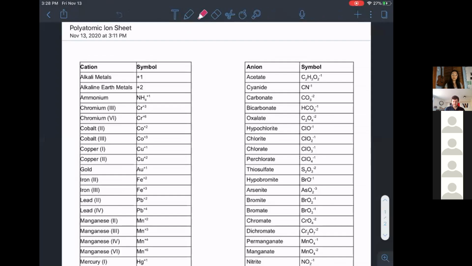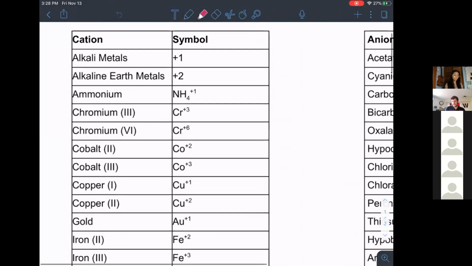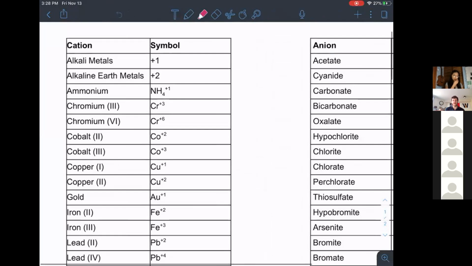If you look, the alkali metals are always going to have a +1 charge because they're only ever willing to lose one valence electron. The alkaline earth metals, that second column, are only ever willing to lose 2 valence electrons. They never want more or less taken from them. Ammonium is a special circumstance where it's a couple of nonmetals put together.